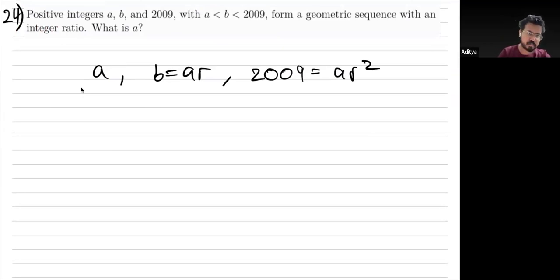Shivam, correct. Pranshu, you have found the term before a, not exactly what a is. Chirag, not correct. Abhyuday, correct. Chirag, you have found r square instead of a. Pranshu, Abhyuday, correct.